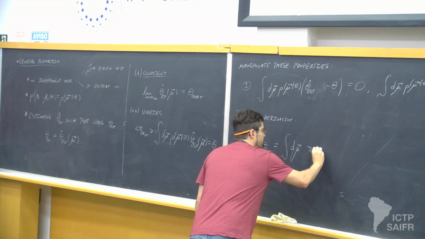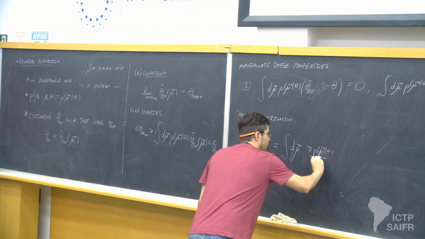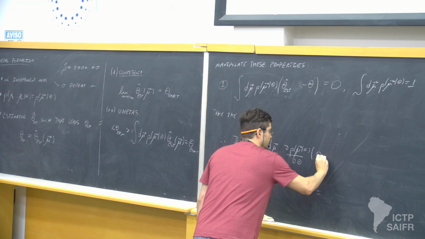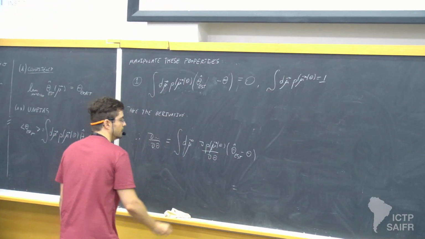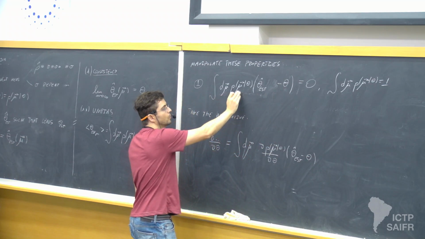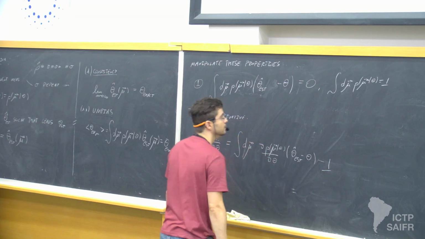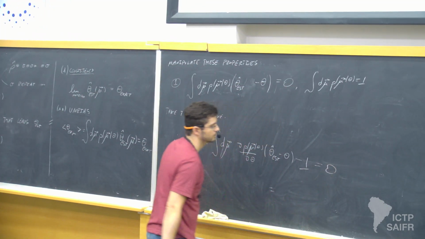The first one depends on the derivative of p given theta with respect to theta, times the theta function estimator minus the exact value. And then when I derive the other term, I get the integral of the probability, which is 1. So all of this minus 1 should be equal to 0.